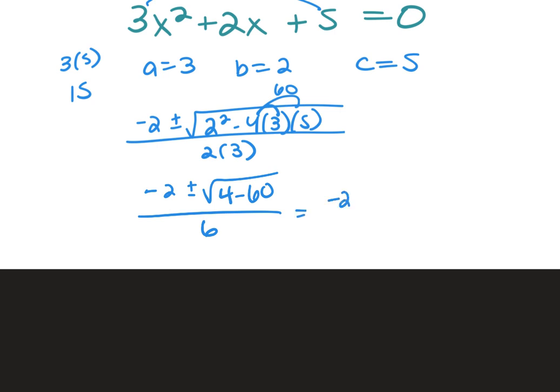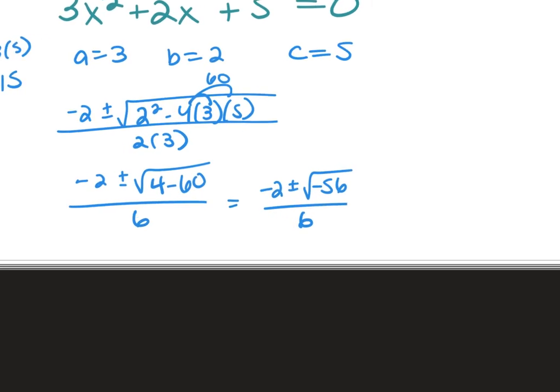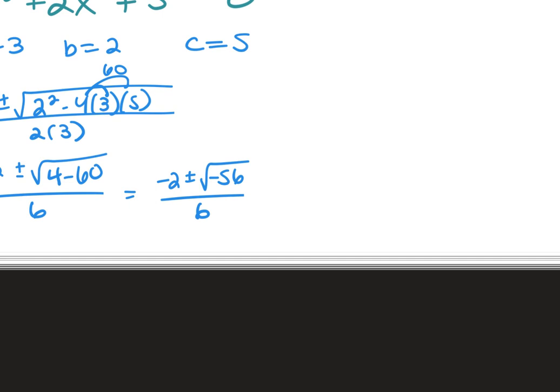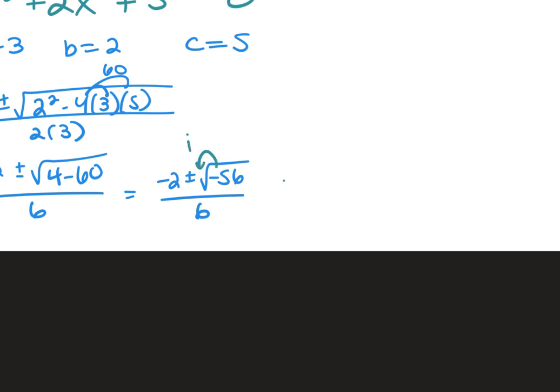I get negative 2 plus and minus the square root of negative 56 over 6. Immediately the i comes out. So it's negative 2 plus and minus i square root 56 over 6. But now I also have to see if I could break that 56 down.